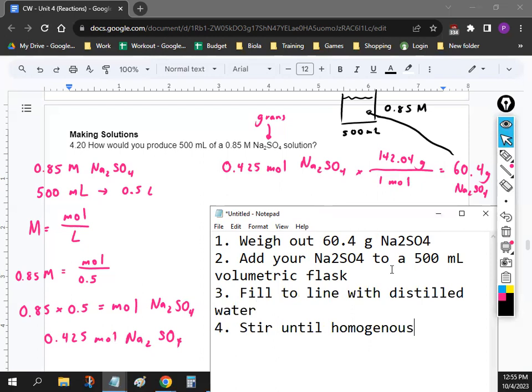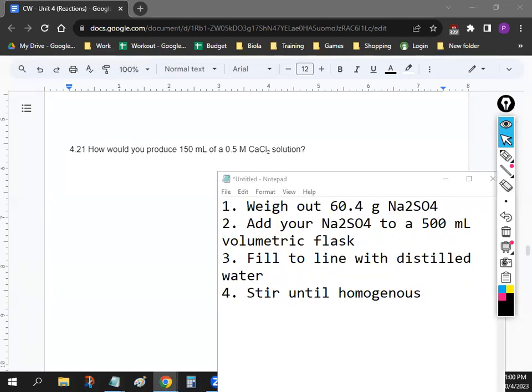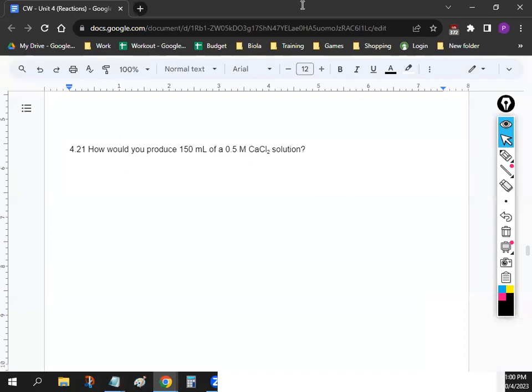Any questions about the procedures though? Is that pretty self-explanatory, hopefully? So I'll leave that up there for a second. Producing this solution, we're going to start off pretty much the same way as before. We're going to use a molarity formula.